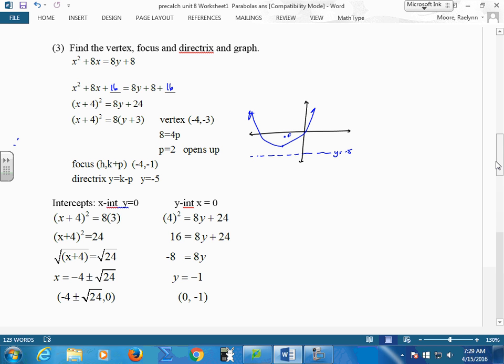Again, you had to complete the square, get the square and the x by itself. Complete that square. And this is where your intercept actually helps you, your x-intercept and your y-intercept, especially the y, will help you see how wide this is. Because you don't want to put it in front of that if it's going to cross over it. So you might want to do your intercepts before you sketch your graph.